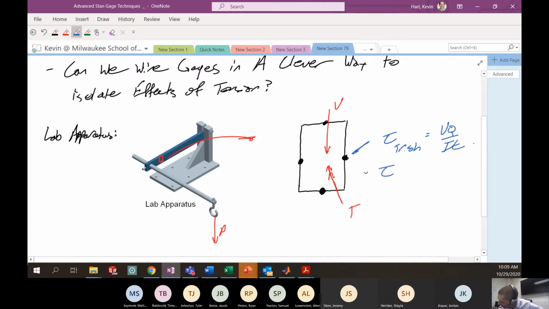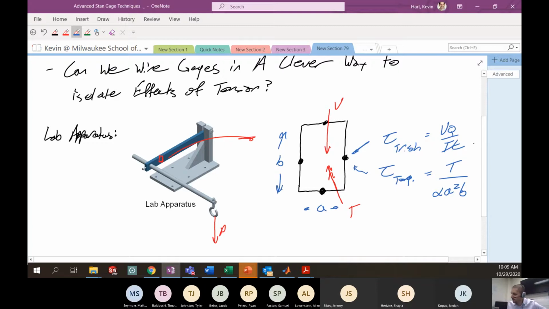And you'd also have some shear that comes from torque, which is specific for a rectangular cross section, but looks something like T divided by alpha A squared B, where this is your side length A, and this is your side length B.